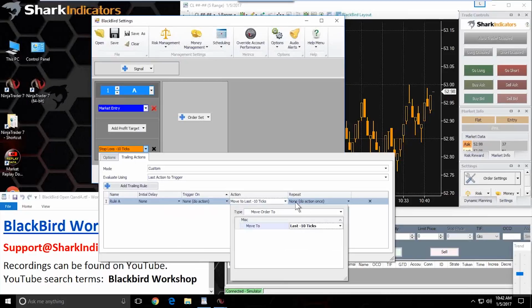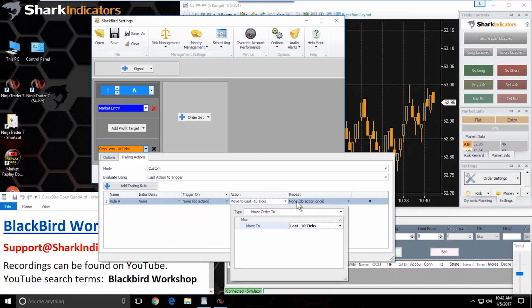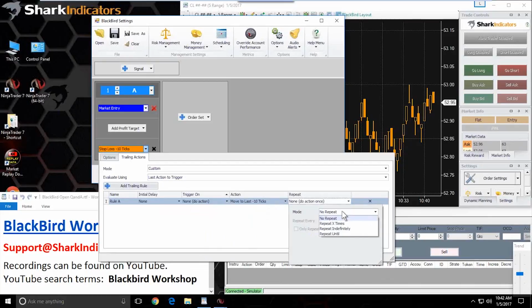The next step would be the repeat. How many times do we repeat this? Do we only move that stop loss once, or do we want this stop loss to repeat indefinitely?